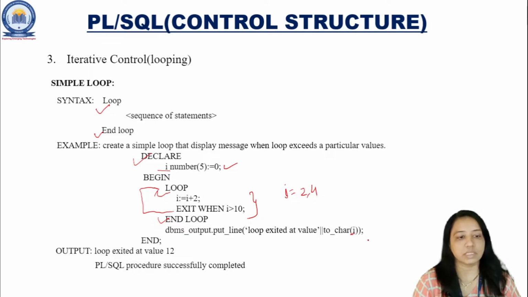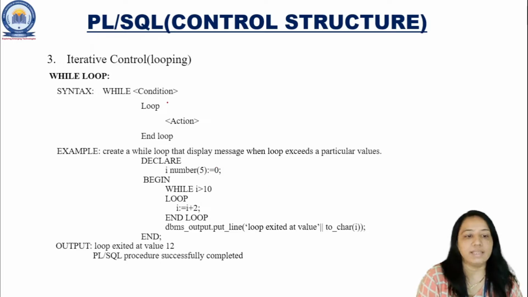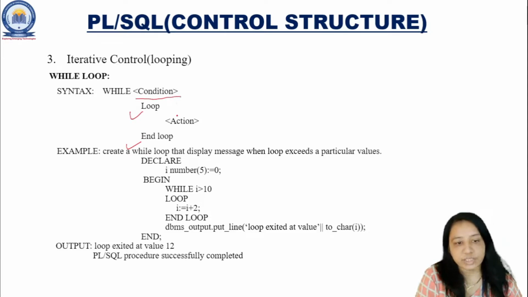So this is a simple loop. The next syntax is the while loop. That is while, then the condition, then the loop keyword and end loop. The condition is checked here: if the condition is true, this part is executed, otherwise it comes out of the loop.